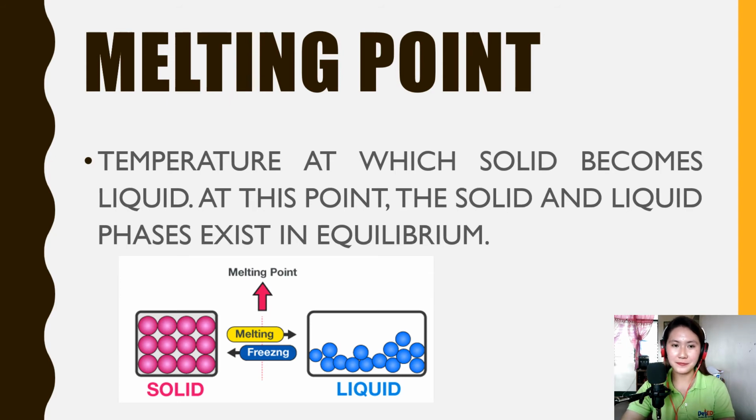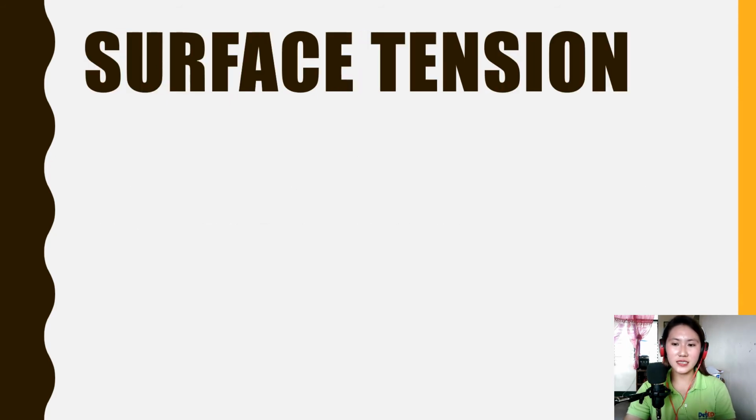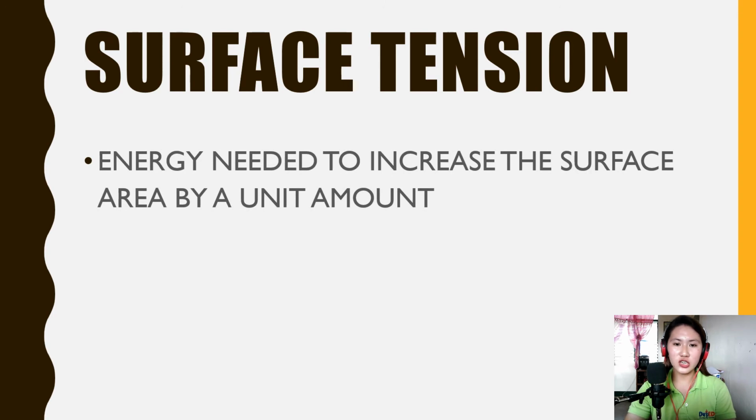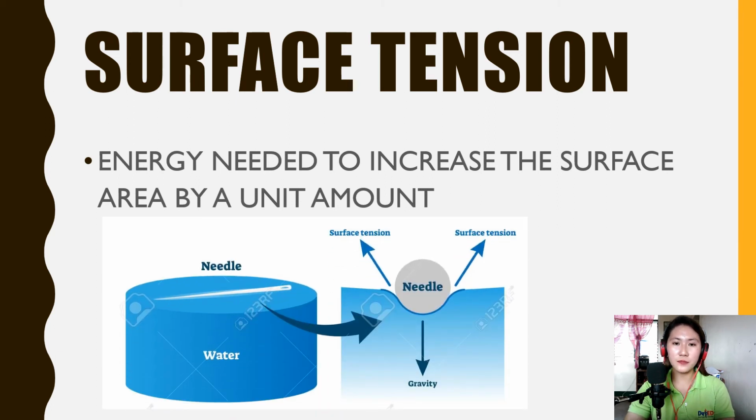Next, we have surface tension. It is the energy needed to increase the surface area by a unit amount. This is an example. High surface tension helps a needle with high density to float in water, whereas with low surface tension, a needle with high density will not float in water.